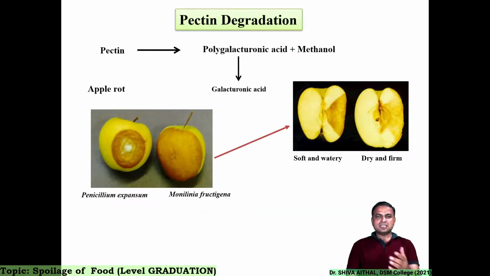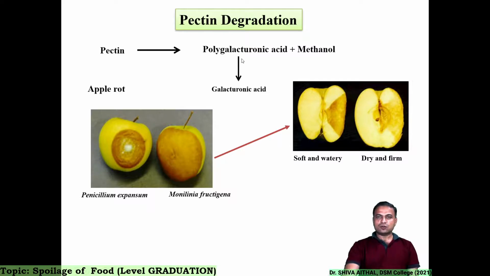Next, as you can see here, pectinases. Pectin degradation by pectinases. An example is the rotting of apple. Apple contains pectin. With the help of enzyme pectinases present in bacteria, fungi, etc., pectin is converted into polygalacturonic acid plus methanol.